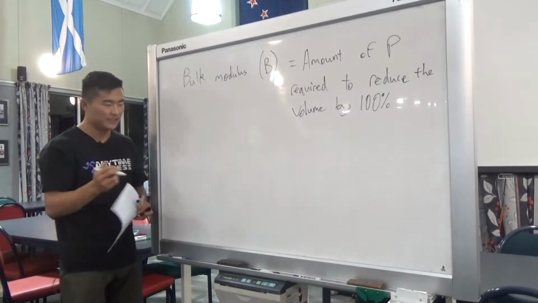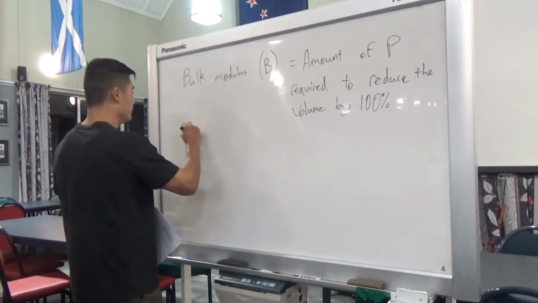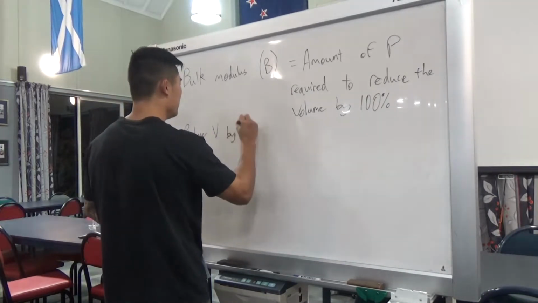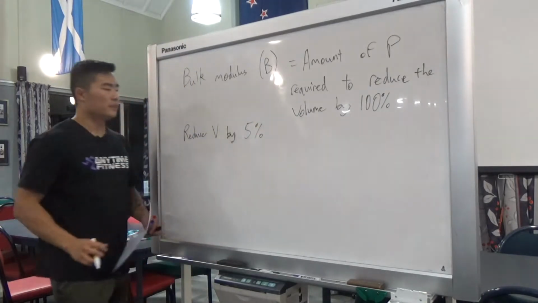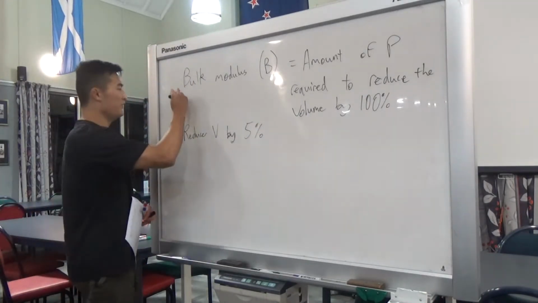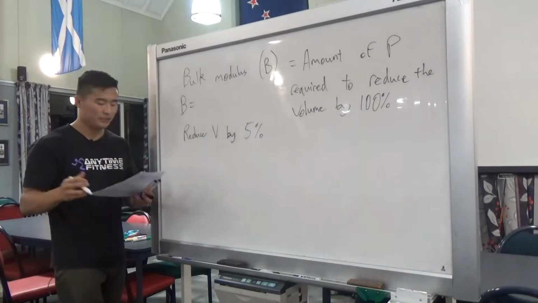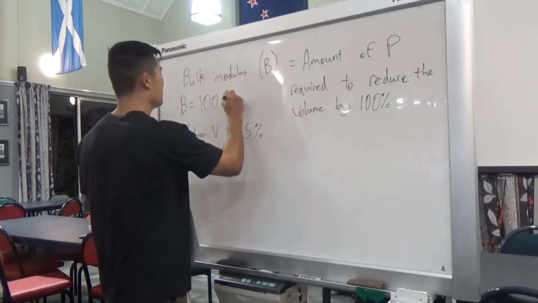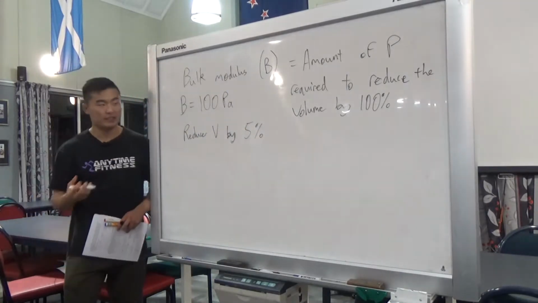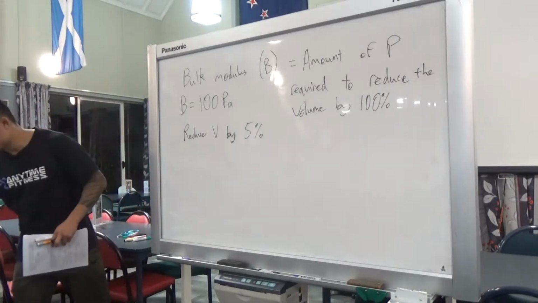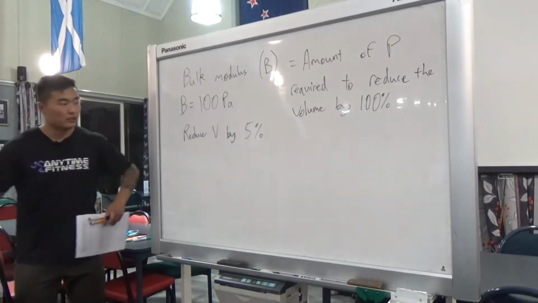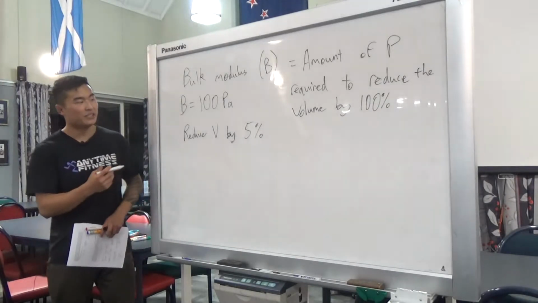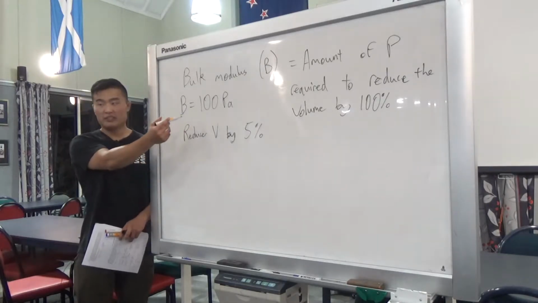Okay, so let's say you want to reduce volume by 5%, and let's say that the bulk modulus value B is, just for this example, 100 pascals. So we'll just calculate 5% of 100.